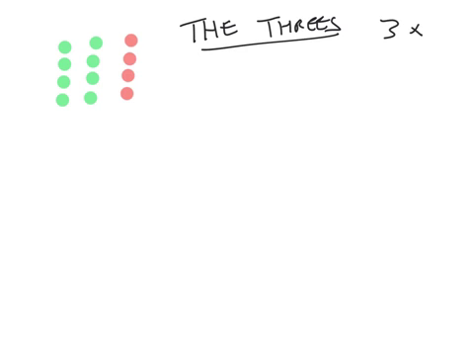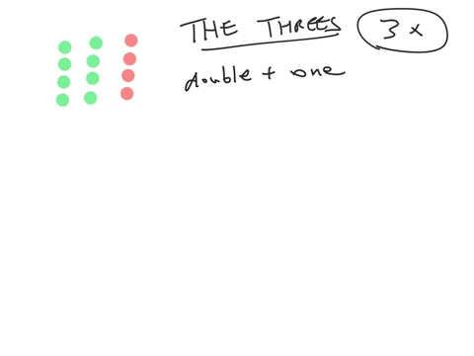Now when we're thinking about the 3s, or multiplying by 3, a good way to think about the 3s is that the 3s are double plus 1. It's often really easy for us to double a number and then just skip count up by that same number, just one group.